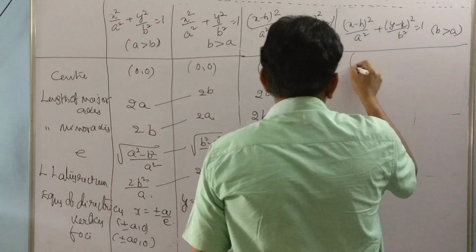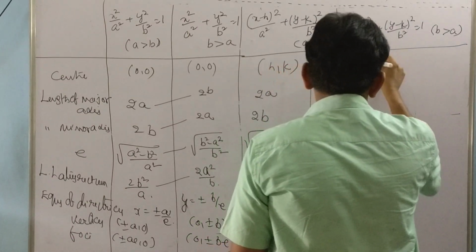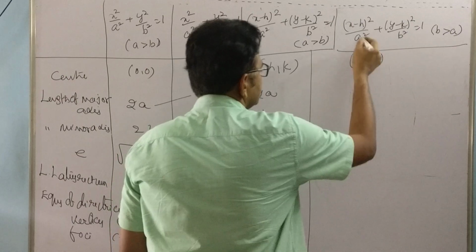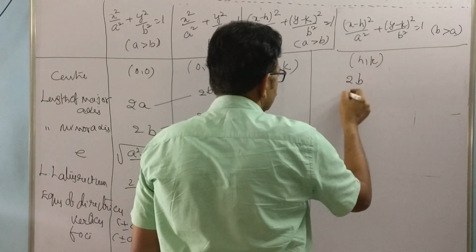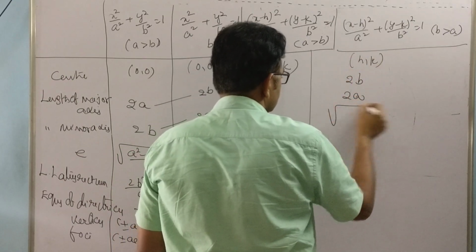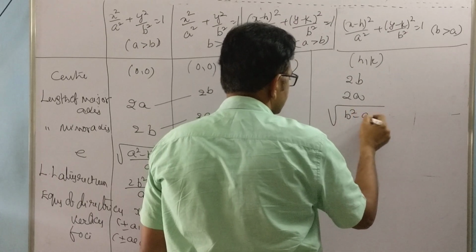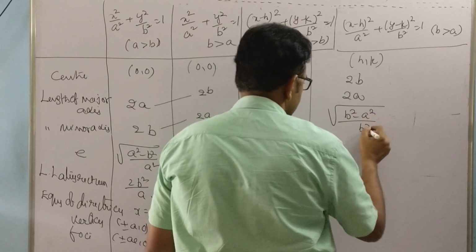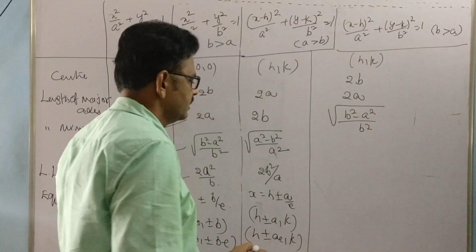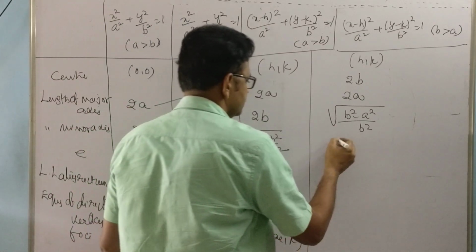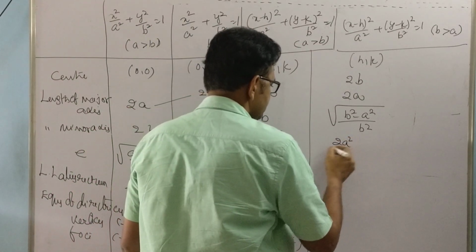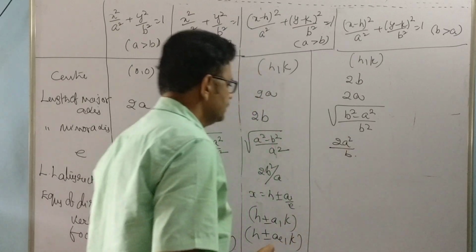So center (h, k), length of major axis 2b, minor axis 2a, eccentricity b square minus a square by b square, length of latus rectum 2a square by b.